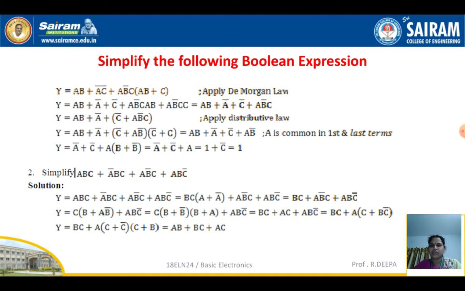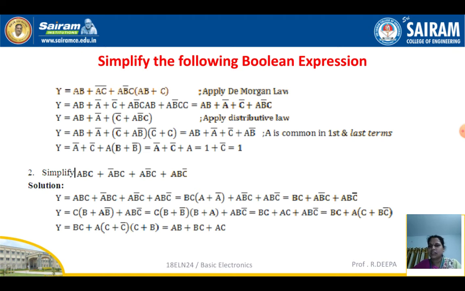So b plus b bar is 1, so I am getting a bar plus c bar plus a. And what is a plus a bar? Which is 1, so it is written as 1 plus c bar. So 1 plus anything is going to be 1. So finally I am getting y is equal to 1 with the help of De Morgan's law and other laws. So let us see another problem.